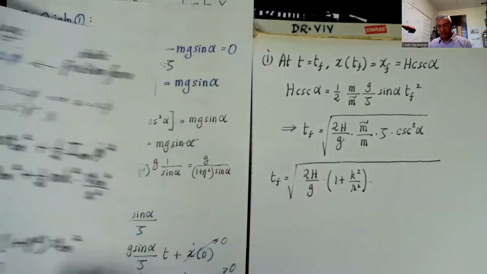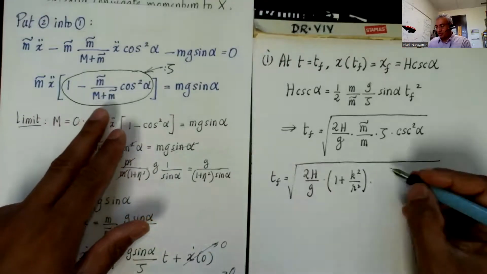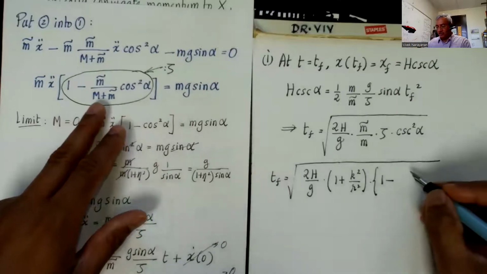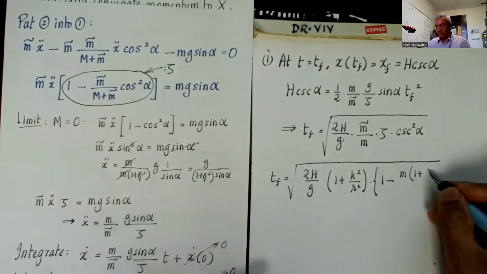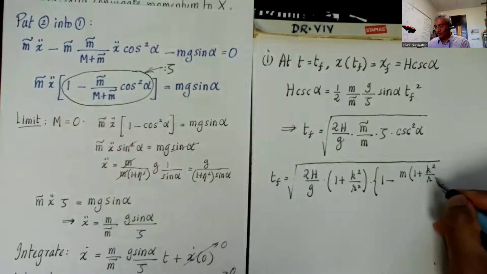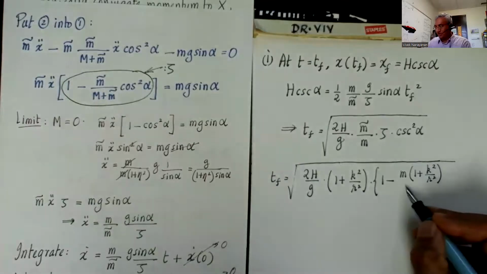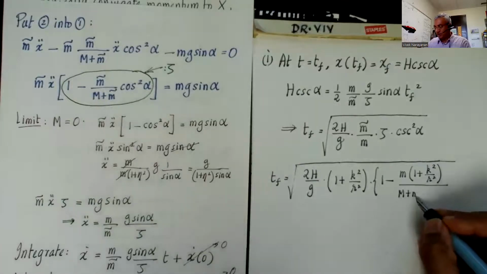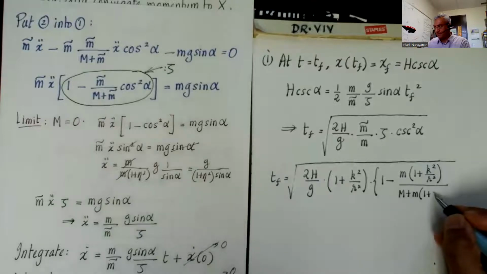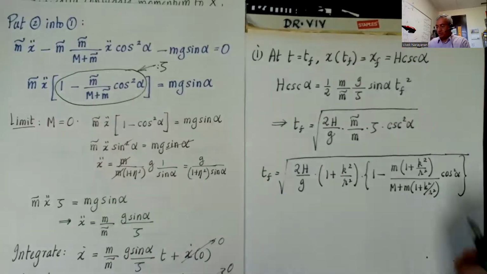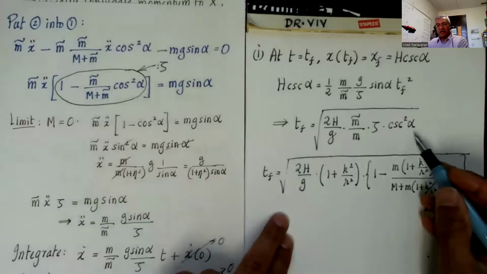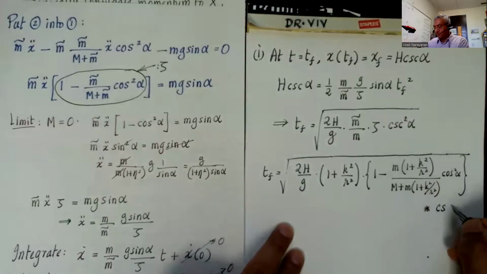Now that puppy appeared here. So I'm going to get, for that one, 1 minus, again, m times 1 plus eta squared, and eta is that k squared over r squared, and then divided by m plus the same thing, times cosine squared alpha, close flower bracket, times, when I take the cosecant squared alpha outside, it just becomes cosecant alpha.